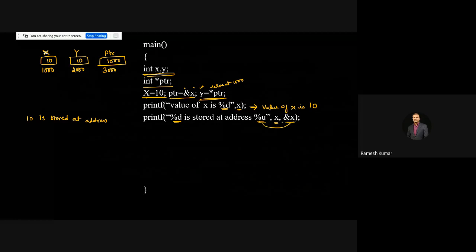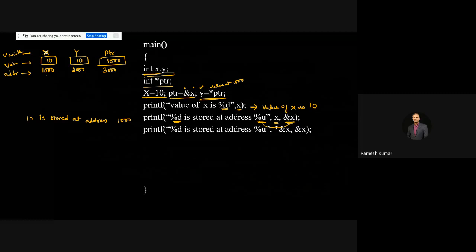This %u is for ampersand x. Ampersand x means address of x. What is the address of x? These are the addresses, and these are the values. These are the variables. Correct? Now, 10 is stored at address ampersand x. Address of x is 1000. So what does it give you? 10 is stored at address 1000.